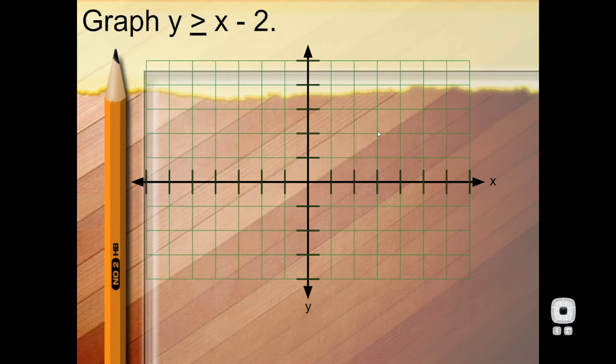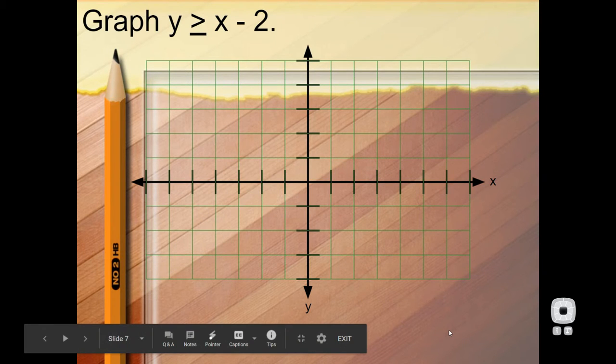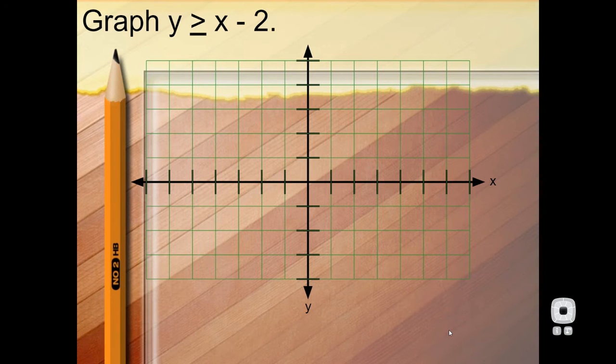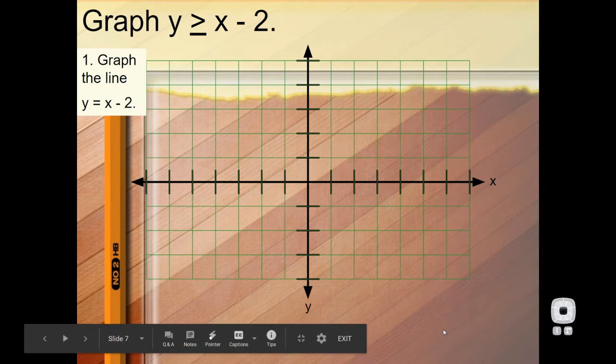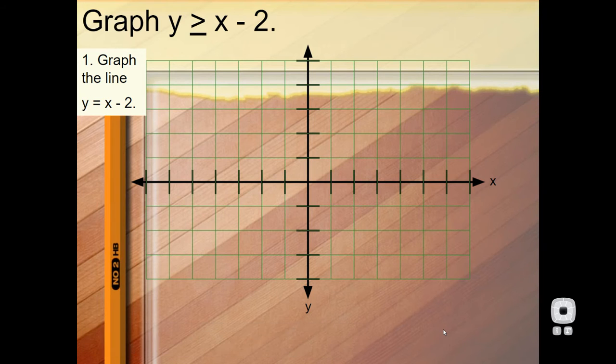Let's see what that actually looks like, okay? So here's what we're going to do. We're going to graph y is greater than or equal to x minus 2. Now, our first step is to graph the line y equals x minus 2. Now, we remember that if we have 2 points, we can graph a line, okay?